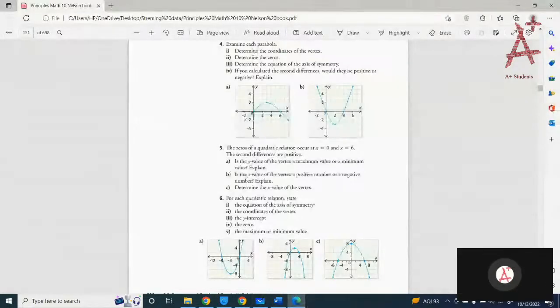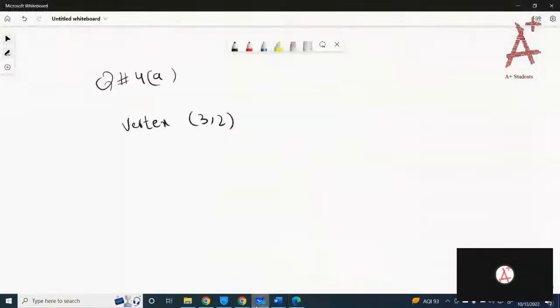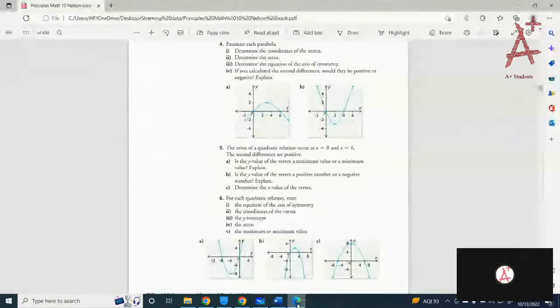Okay, the next we have to find is the zeros. Zeros are the points where the graph is touching the x-axis. So the graph is touching the x-axis at 0 and at 6. So the zeros are 0 and 6. Next, determine the equation of the axis of symmetry.